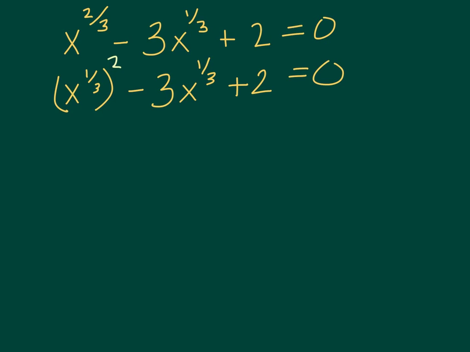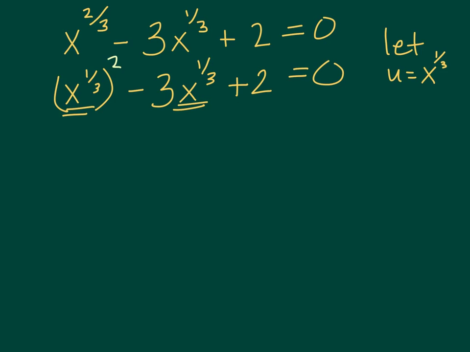So, instead of writing x to the 2/3, I've written it as x to the 1/3 quantity squared. So you can notice that x to the 1/3 is part of the first term, and it's also part of the second term. So I am going to let u equal x to the 1/3 power.